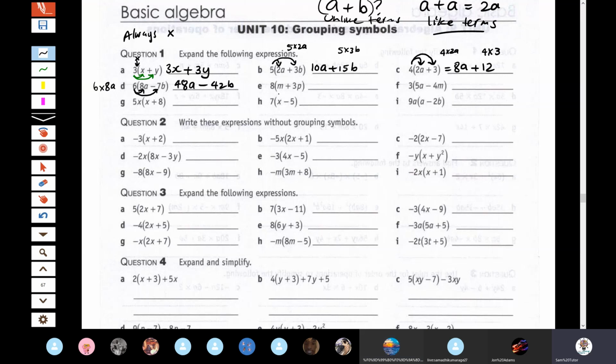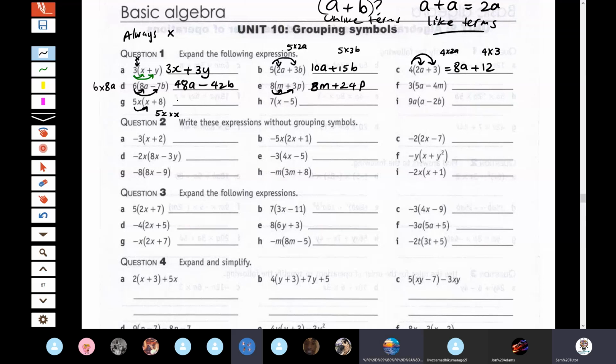Here we go. I'm going to get a little bit faster now. 8 times m, 8m. 8 times 3p, 24p. All right, you're faster than me now. There you go. And then 5x. Let's do it a little bit harder. 5x times x. What is 5x times x? What do you guys remember? x times x.